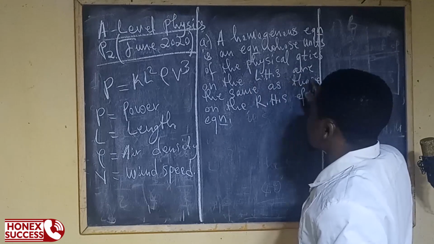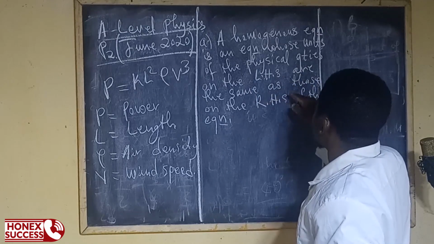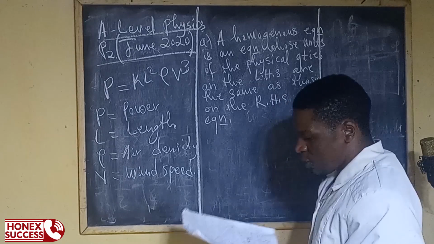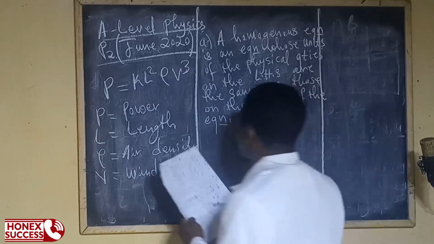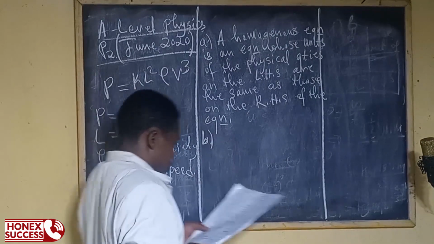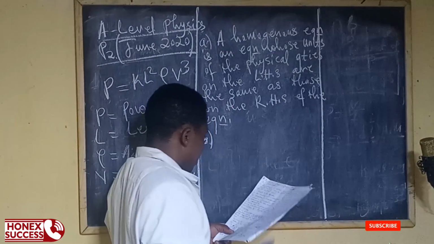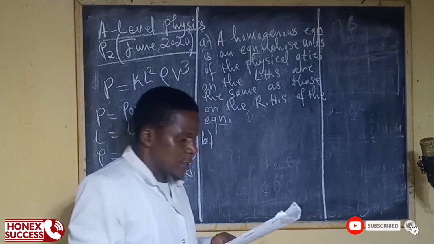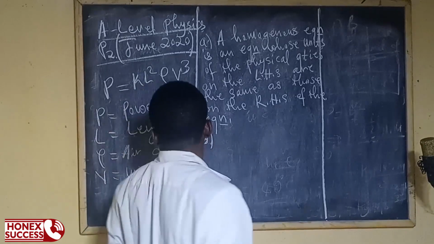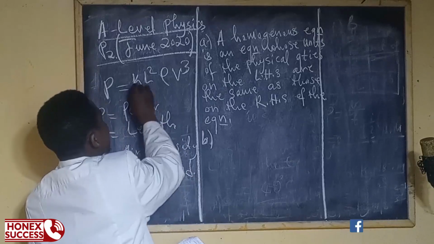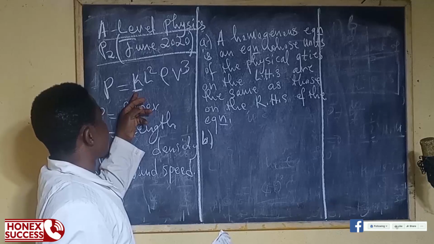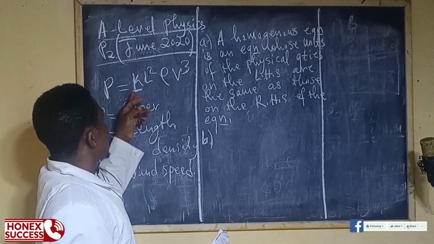Good. We go to question B. Question B is: determine the base unit of the constant K. This is the constant K in this equation that was given in the question. For us to get the base unit of K, the first thing we have to do is make K the subject of the formula.